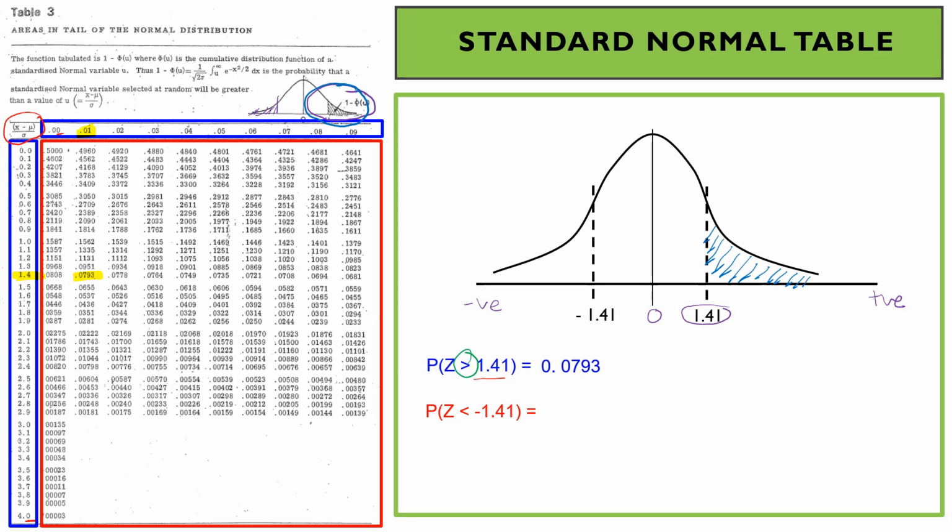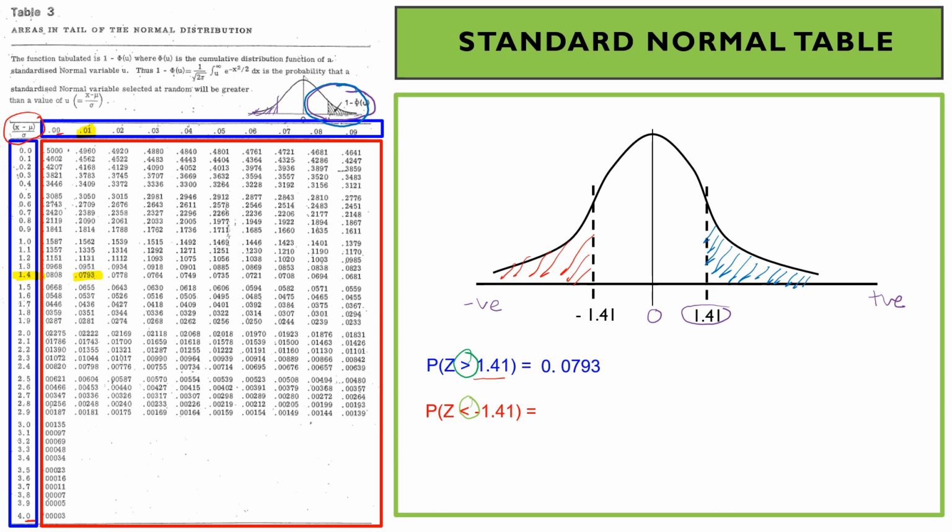Second example, Z less than negative 1.41. The symbol here is less than, which means to the left of negative 1.41. So you can read directly from the table. Ignore the negative sign.